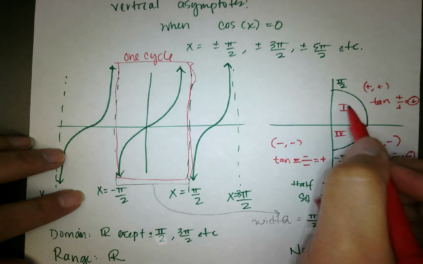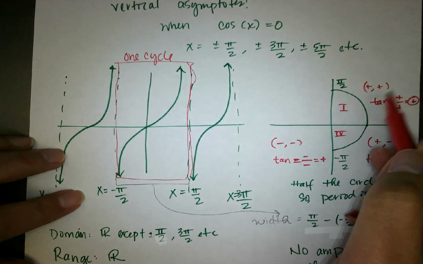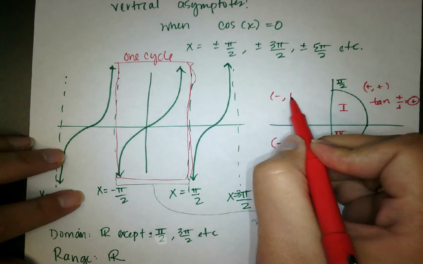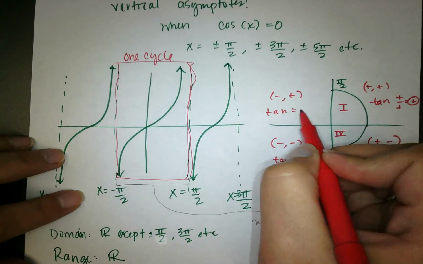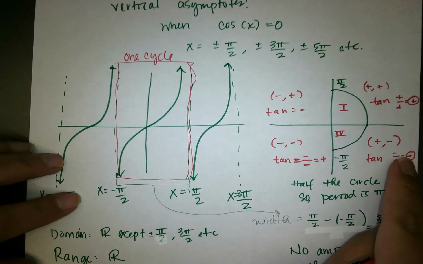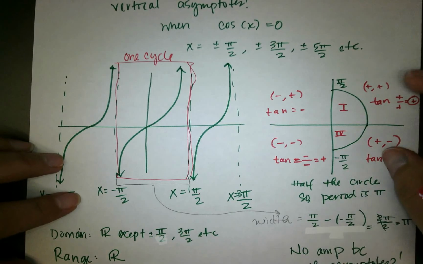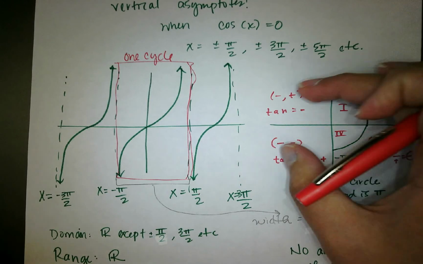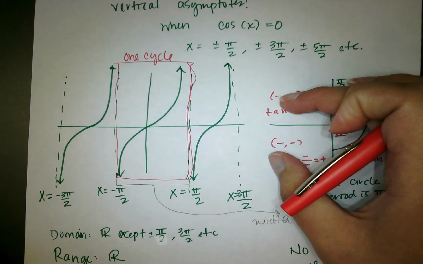To get all the famous spots on the unit circle, you only need to count these two quadrants. This one is a negative comma positive, and tangent will equal a negative here. I've already counted a negative. So these two quadrants will give you all the outputs for your tangent function. I don't need to count the others, that's just counting them double.